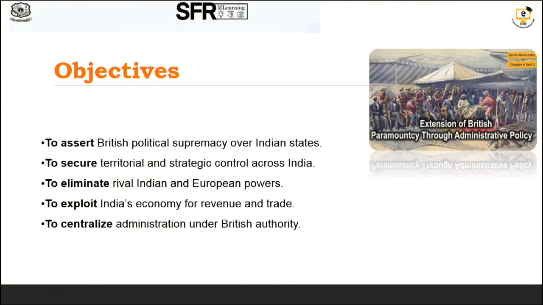The objective of this topic is the establishment of Paramountcy in India, to assert British political supremacy over Indian states, to secure territorial and strategic control, eliminate rival Indian and European powers, to ensure economic exploitation through revenue and trade, reduce military expenditure by shifting defense responsibilities to Indian rulers, centralize administration under British authority, and ultimately transform India into a stable and profitable colony of the British Empire.